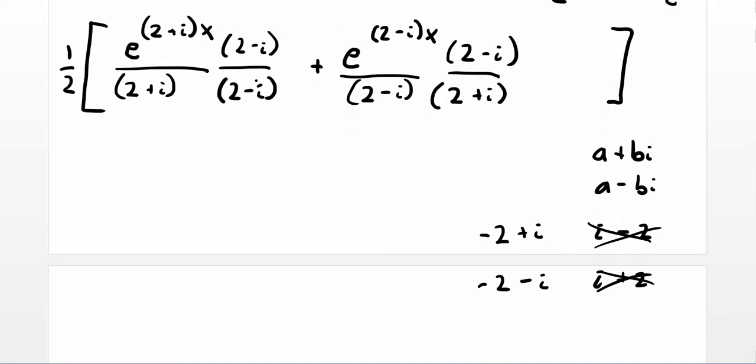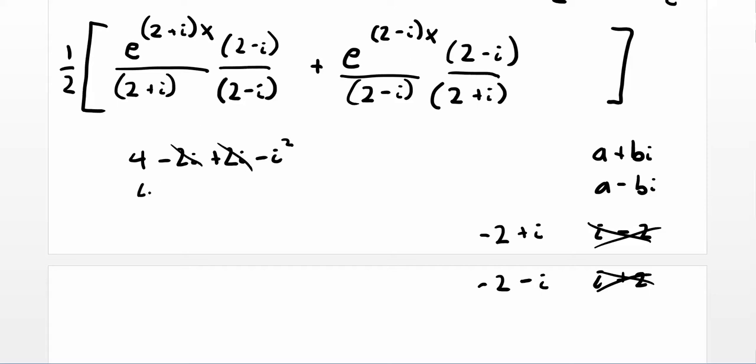So anyway, getting back to our problem, we're going to multiply out the bottoms here very carefully, and that's going to require some foiling. So this becomes 4, multiply first by first, you get 4 minus 2i plus 2i minus i squared.